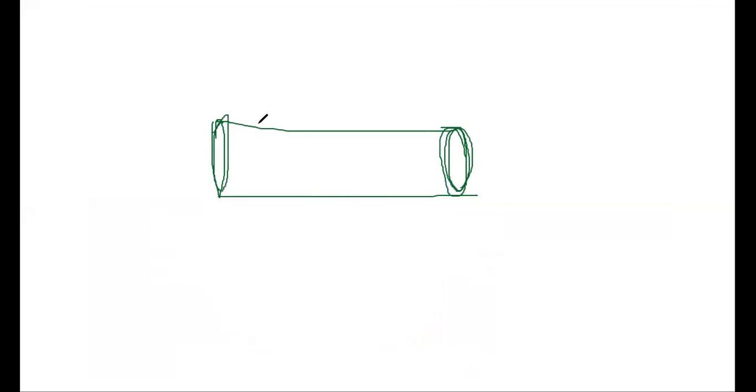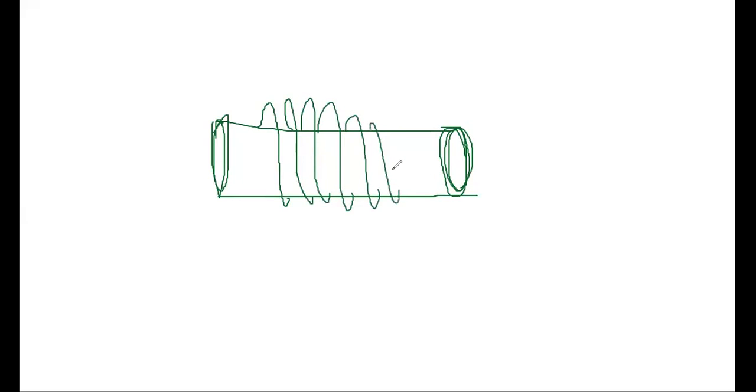Then what I will do, I will take a conductor, a copper conductor. I'll take insulated copper wire and wrap it around the cardboard like this. Then from this end and from this end, I have to apply voltage.